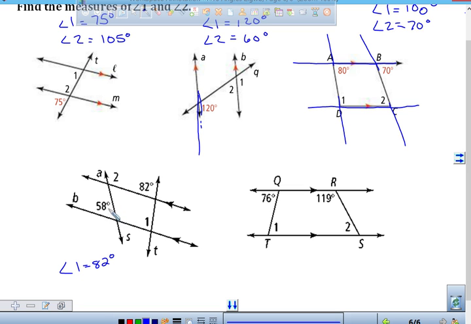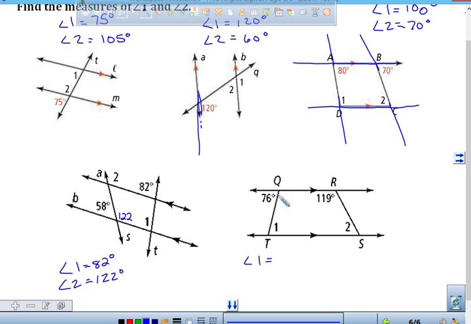So you subtract 58 from 180, and you get what? 122. Okay. And we go from there to where? Angle 2. What kind of angles are those? Corresponding. Okay. And corresponding angles are what? Congruent. So angle 2 is 122 degrees.